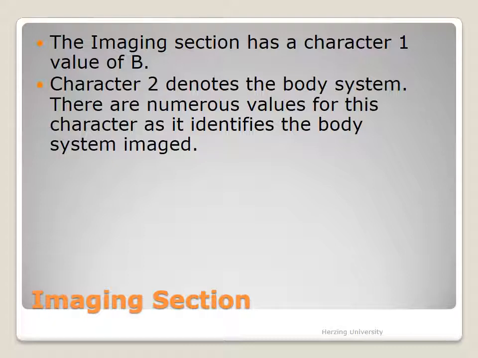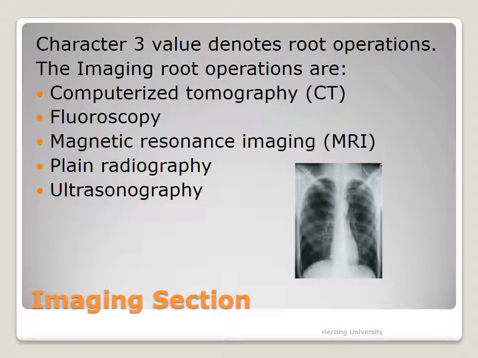The second character for the imaging codes identifies the body system on which the service is performed. The third character is the type or the root type of imaging procedure.